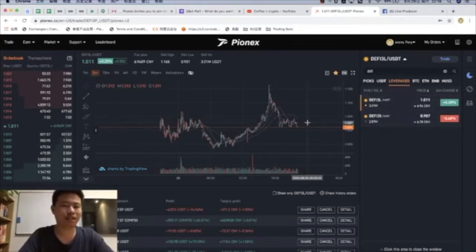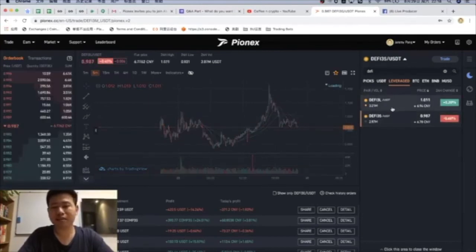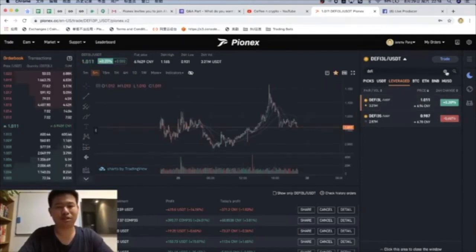So if you have faith and trust in the DeFi area, you can buy the 3L tokens. And if you think DeFi is going down these days, you can buy DeFi 3S. So now you have a package and don't need to choose any one coin, so it can reduce the risk.